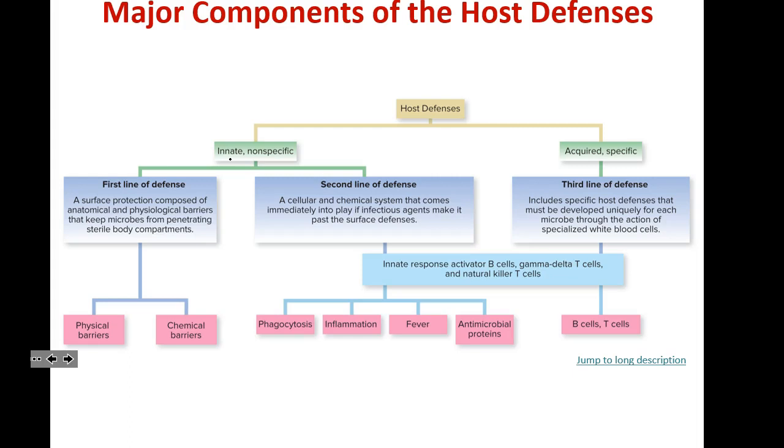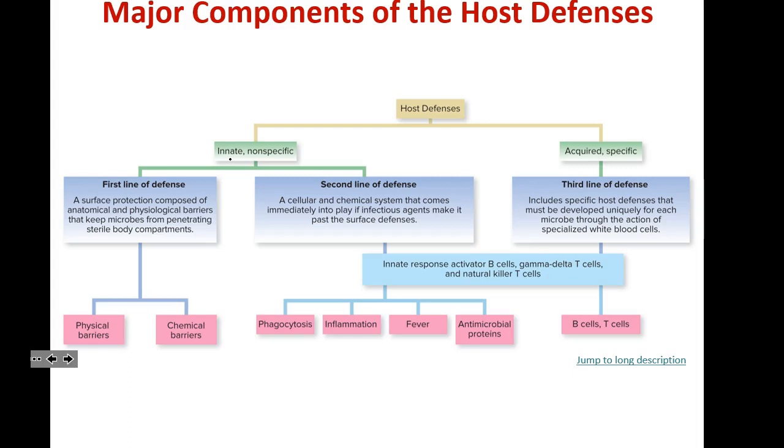Innate response activator B cells, gamma T cells, and natural killer T cells are involved in the second and third lines of defense. In the second line of defense, phagocytosis, what is that? Cell eating.